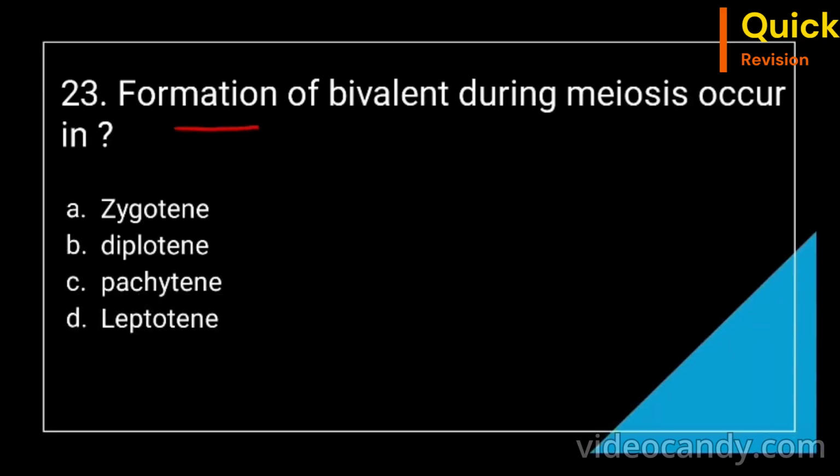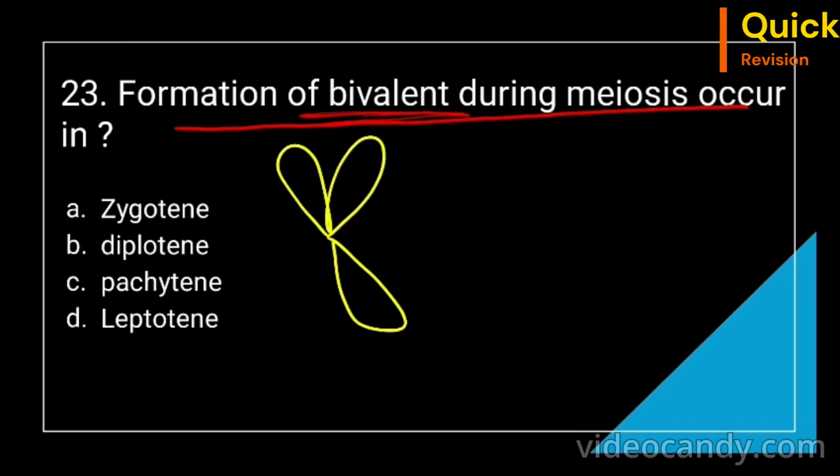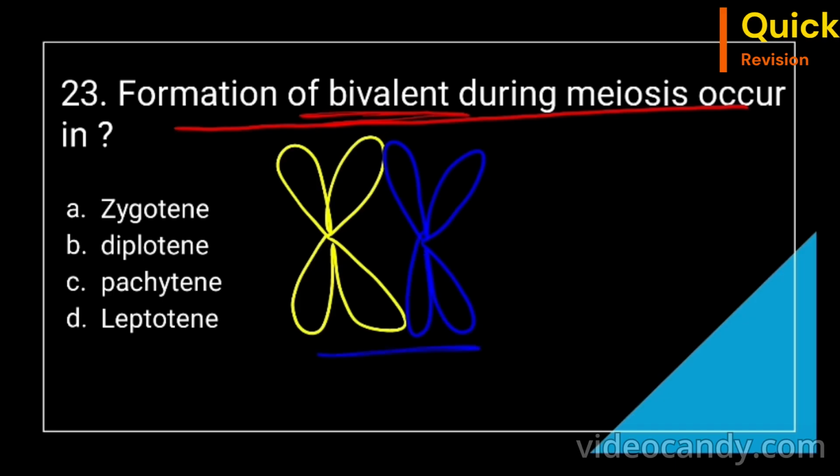Formation of bivalent during meiosis occurs in. So let's see what this bivalent is. It is nothing but a pairing of the homologous chromosomes. That's it. So these two are homologous chromosomes, right? Now this pairing is what we call a bivalent.